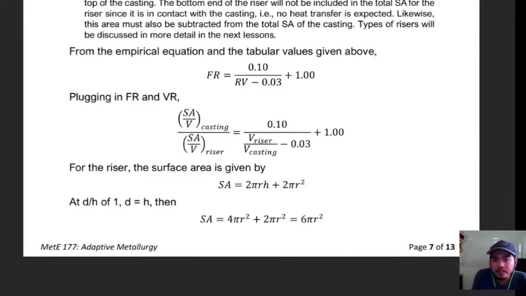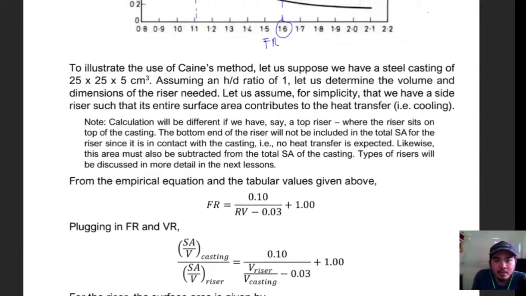So for example, we have a steel casting, a 25 by 25 by 5 centimeter bar, and we assume that the HD ratio of our riser is 1. The common HD ratio used is from 1 to 1.5.